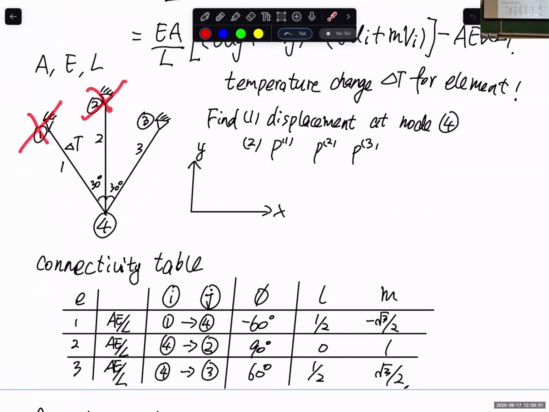Everything related to node 1, node 2, node 3 is gone, because 1, 2, 3 cannot move in X or Y. We delete the corresponding rows and columns. So in the end, we have 2 by 2. So if you're clear about the whole process, we should understand that everything related to nodes 1, 2, 3 is not useful information for solving the displacement at node 4. We delete it in the end anyway.